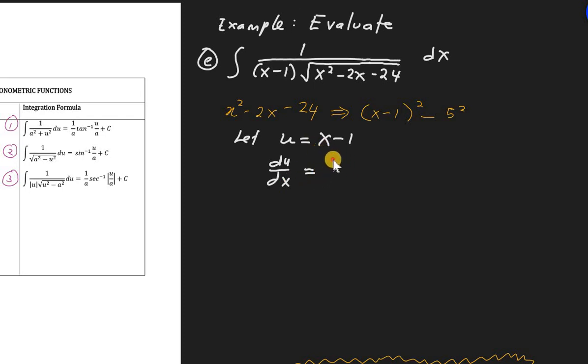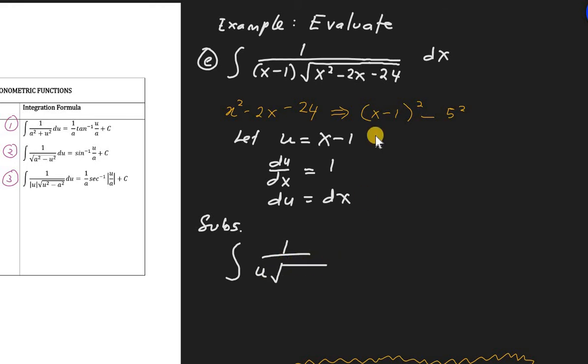Differentiate, this is 1, so du is dx. So as we substitute this question in terms of u, everything we change into u. Now it will become 1 over, we need x minus 1 being the u, change it.